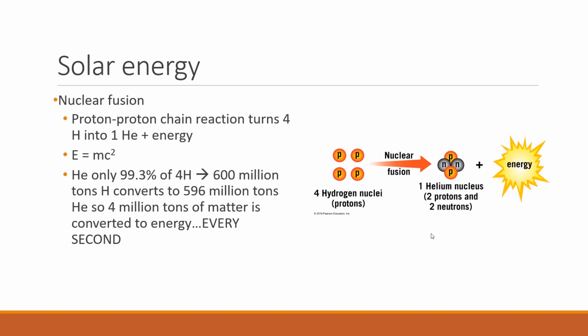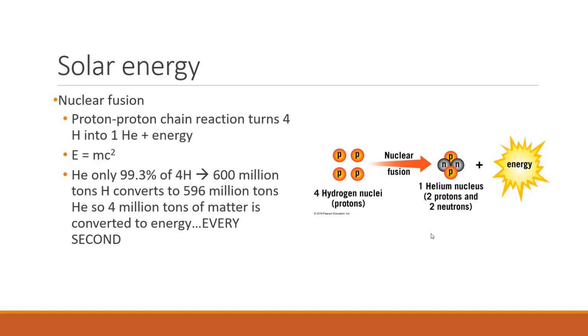If we look at helium, it is only 99.3% of the mass of those 4 hydrogens. So we have lost 0.7% of the mass of those hydrogens. This means about 600 million tons of hydrogen converts to only 596 million tons of helium. So there are 4 million tons of matter converted to energy every second within our sun.